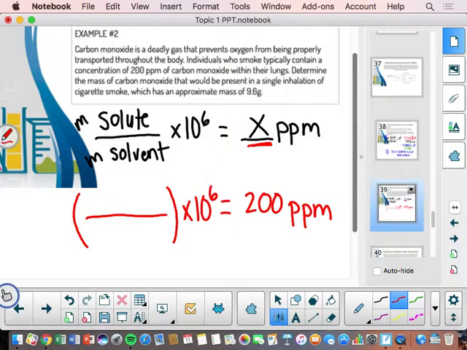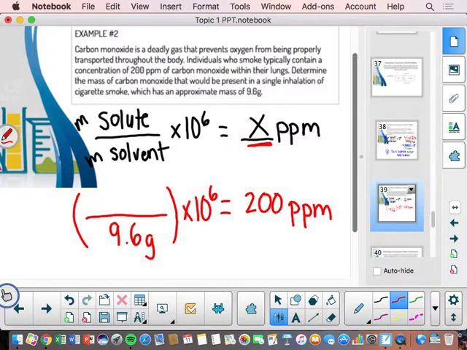So if we look at this, we've got a mass of 9.6 grams. It says determine the mass of carbon monoxide that would be present in a single inhalation of cigarette smoke, which has an approximate mass of 9.6 grams. So our solvent is 9.6 grams, because that's our whole inhalation that we have.